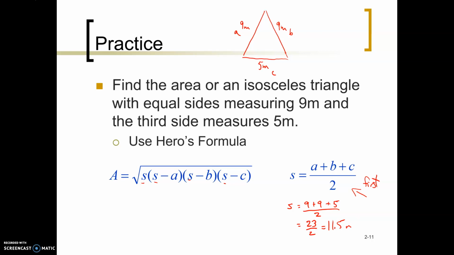All right, so area then, we must do the square root of 11.5 multiplied by 11.5 minus 9, 11.5 minus 9, 11.5 minus 5.